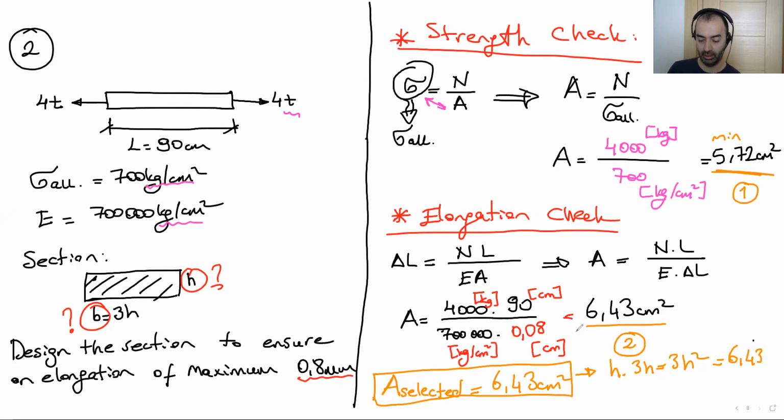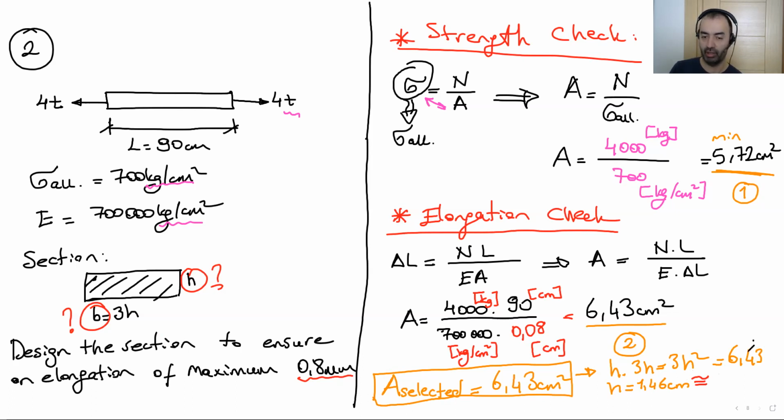If we do this, the h is, let me check it, yes, 1.46 centimeter. So it's not easy to give the 1.46 centimeter. Instead, what we do, we round up this number to the close one. But in exam or whatever, you can use this 1.46. Okay, no problem to do that.